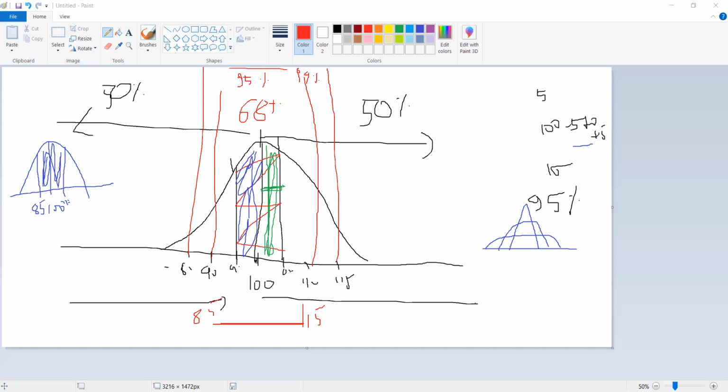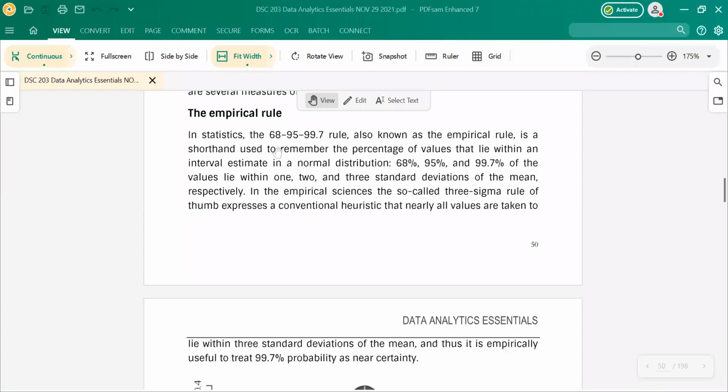Okay, so this is called the 68, 95, 99.7 rule. 3 sigma is 99.7%. Roughly it is 68, 95, 99, but it is actually 68.2, 95, 99.7. So remember this: 1 sigma on either side of the mean will have 68% of the data, 2 sigma on either side of the mean will have 95%, and 3 sigma on either side of the mean will have 99.7%.